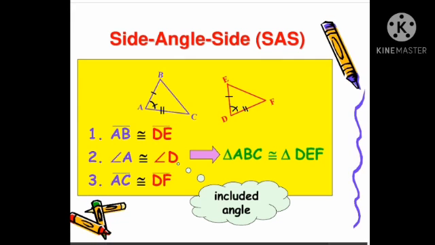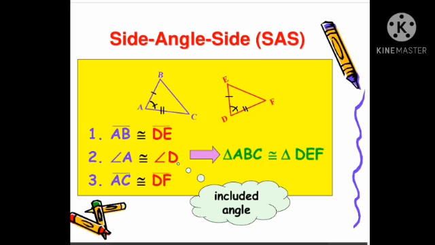Next rule, side, angle, side, short form SAS, criterion for congruence of triangles. If two sides and the angle included between the two sides of a triangle are congruent to the corresponding two sides and the included angle of another triangle, then the triangles are congruent. Observe here, two triangles.